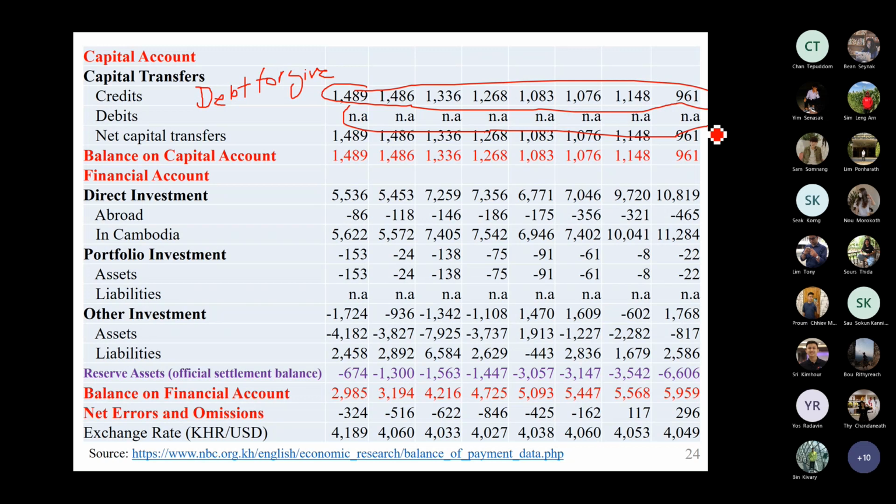You see, only 1.4 trillion, much smaller compared to other accounts. In other words, looking at the capital account, we can see that we receive more capital inflow through debt forgiveness and some kind of assistance or ODA, which is in the form of capital.